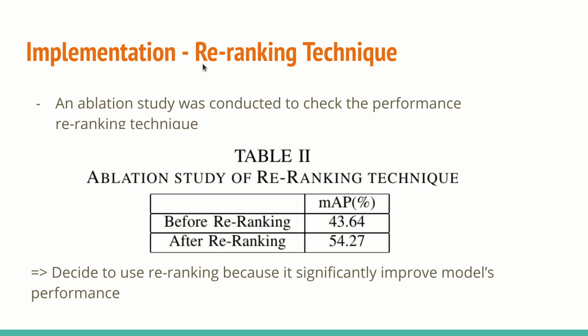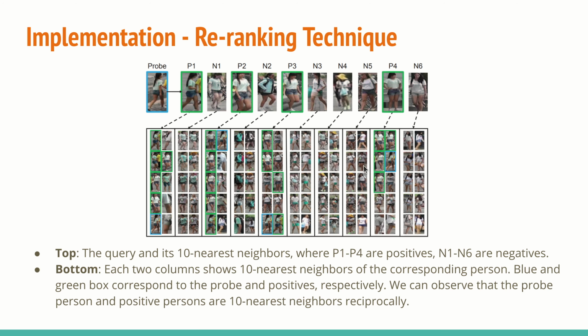And the last technique that I use is the re-ranking technique. I have done an ablation study to check its performance, and it improved the performance of the model significantly, nearly 11% from 45% to 94%. Here is the explanation of the re-ranking technique. We have a gallery of images. The green box here is a positive image.